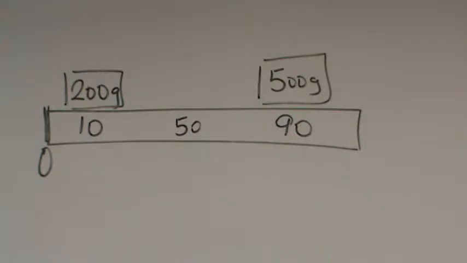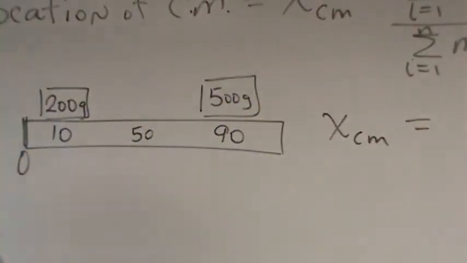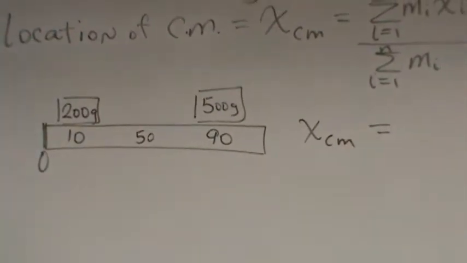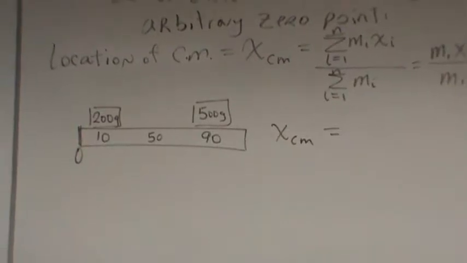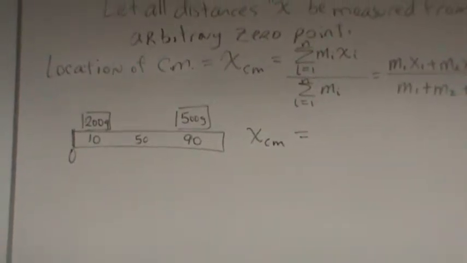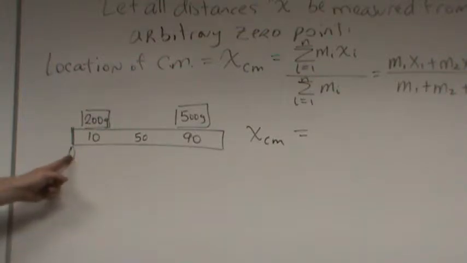Well, let's go ahead and get the position of the center of mass. And if the position is going to be relative to any arbitrary 0 point, what point would you like to choose as your arbitrary 0 point? Okay, I heard some person say 10. Is anyone thinking choose 0? Okay, that's what I'm going to do, even though it doesn't matter.